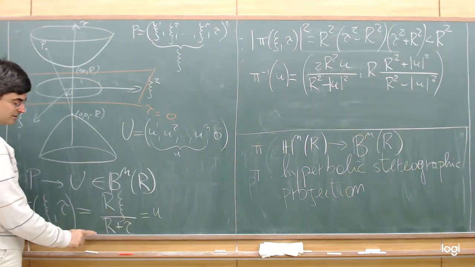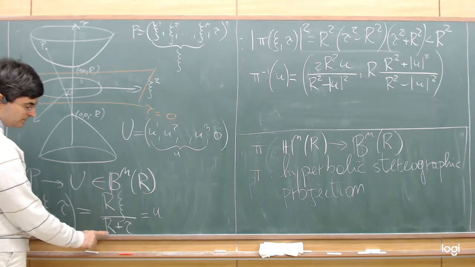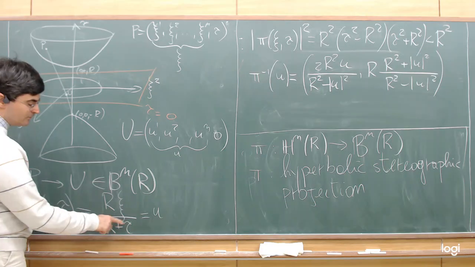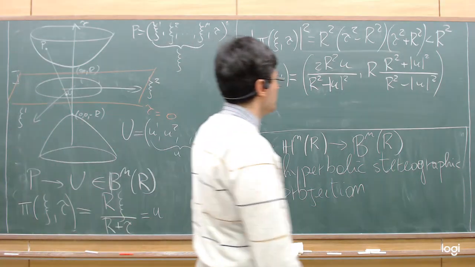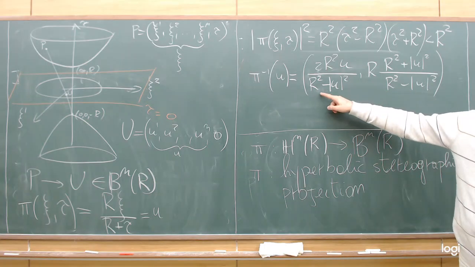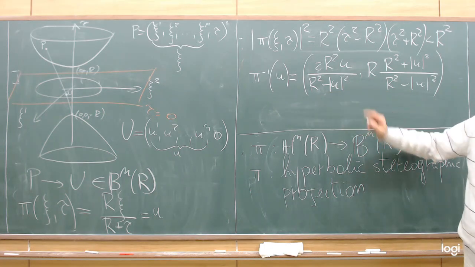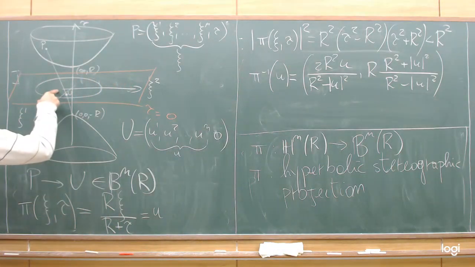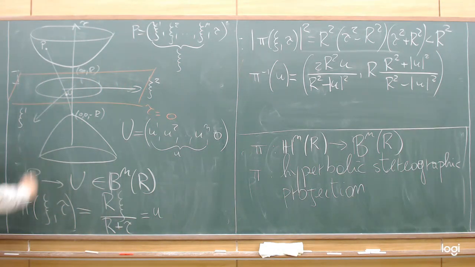It is clear that r plus tau never vanishes, and it is clear that the denominator r square minus length of u square never vanishes, because we work with the open ball of radius r.